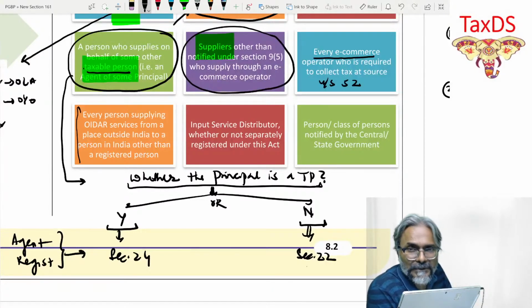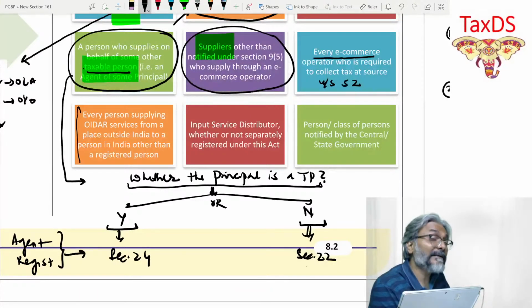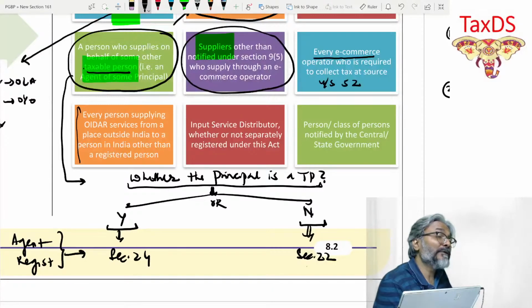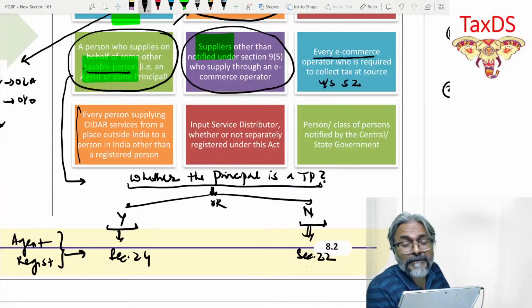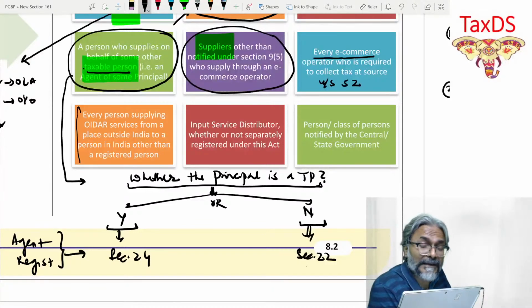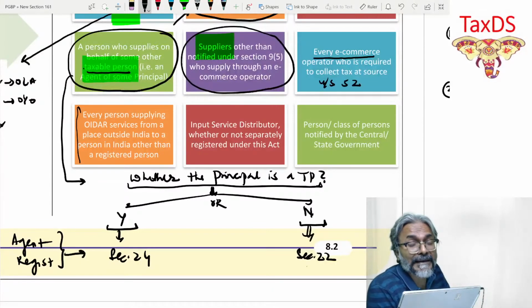The next one, students, is the ISD, input service distributor. So the ISD also will have to get themselves separately registered as an ISD. The way we discussed the TDS deductor or the TCS collector, they have to get separate registration irrespective of whether they are otherwise registered under the normal category.